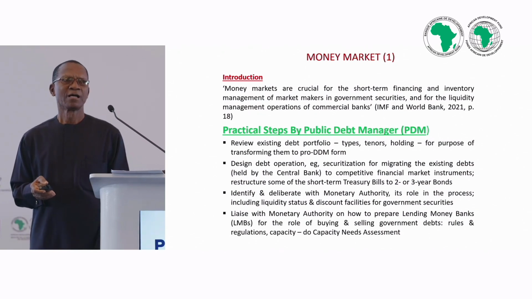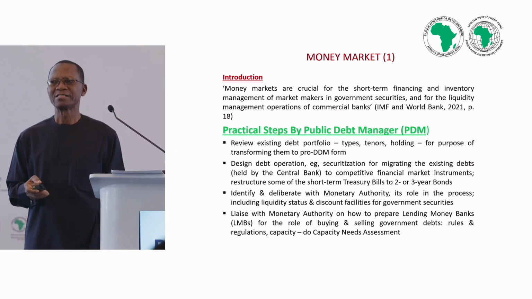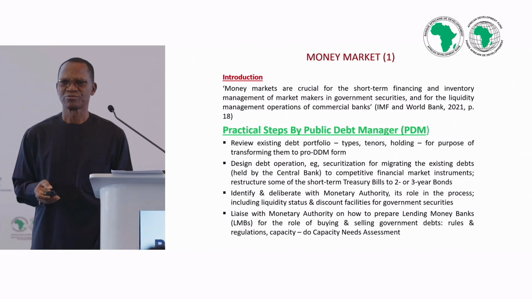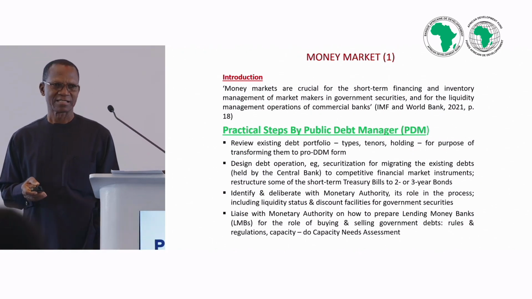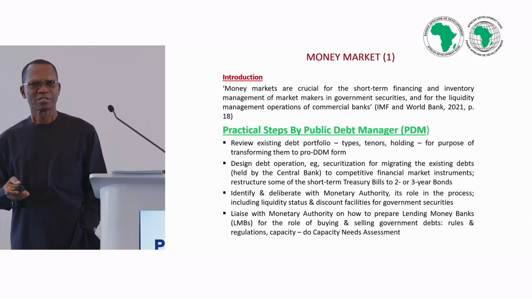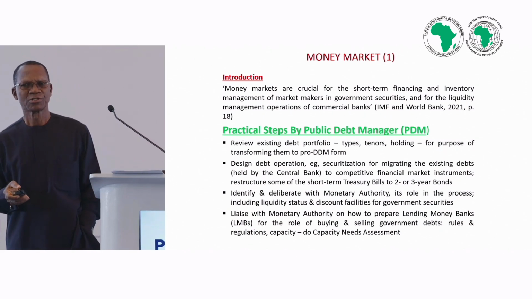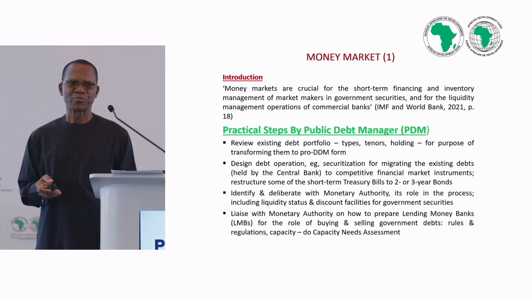So let's see what the debt manager is supposed to do in respect of the money market. After that, we have a list of what the bank is supposed to do as well.